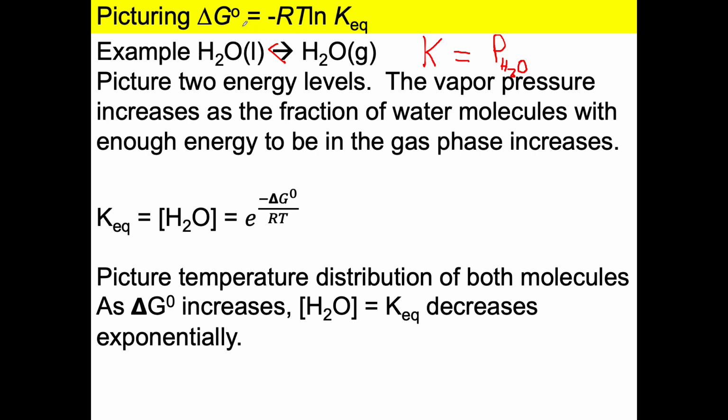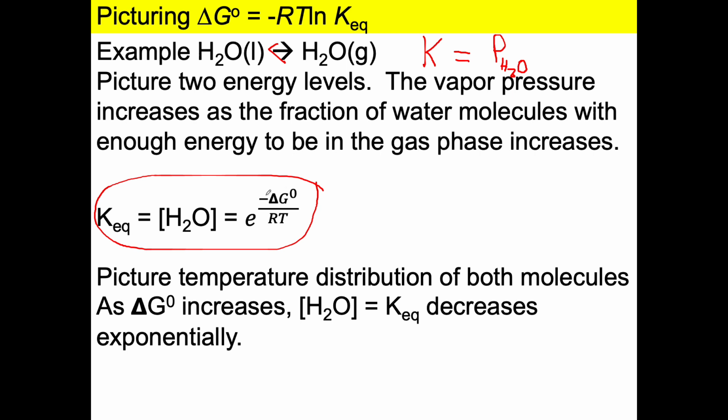You can rearrange this reaction the way we did before. The equilibrium constant, which is of course just the water vapor, either the pressure or the concentration of the water vapor, is equal to e to the minus delta G over RT. It's only the vapor that matters. And delta G, we said, was a positive number, so e to the minus delta G over RT is a fraction, less than 1.